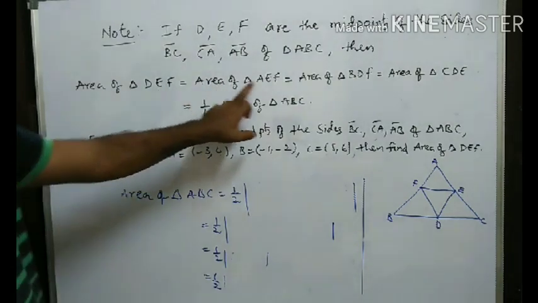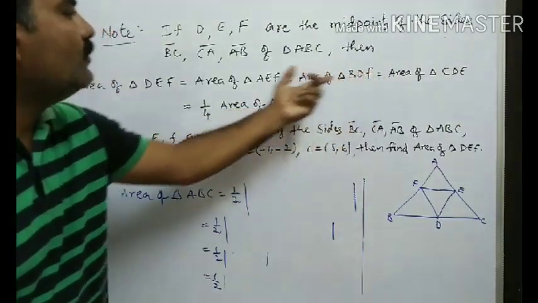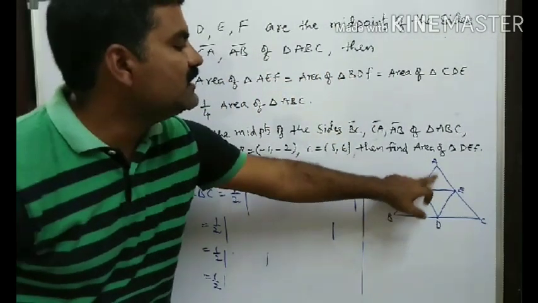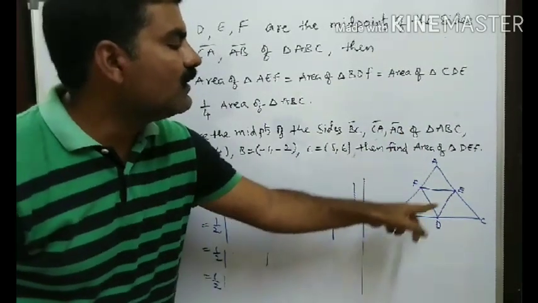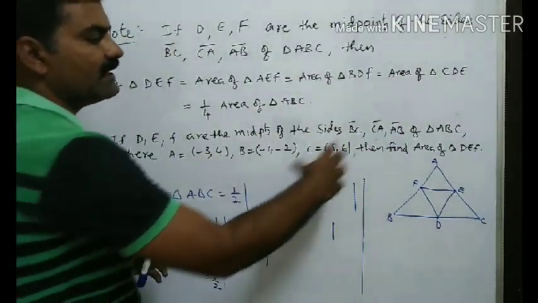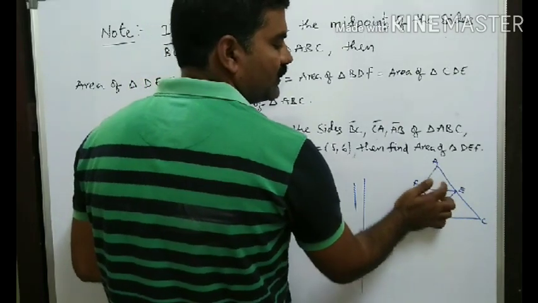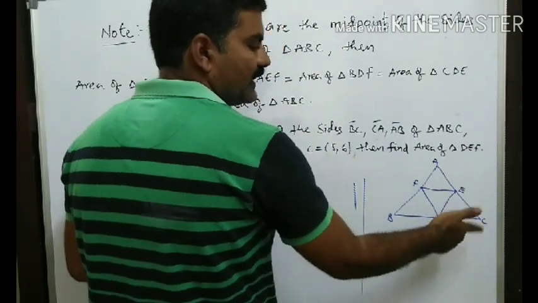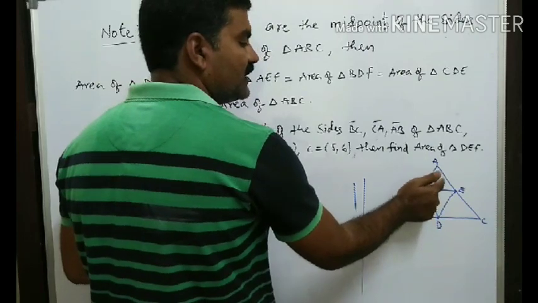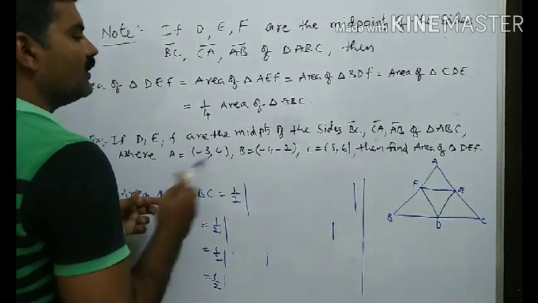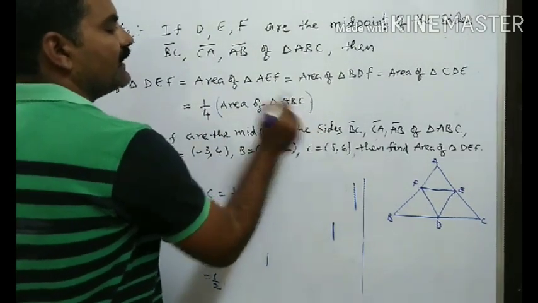So 4 triangles of equal areas. And finally each triangle is 1/4 of the entire one, because the entire triangle is now divided into 4 equal parts, 1, 2, 3, 4. So among these 4 triangles, the area of any one of the triangles is equal to 1/4 of the area of triangle ABC.